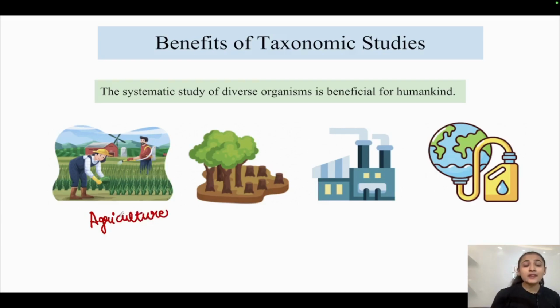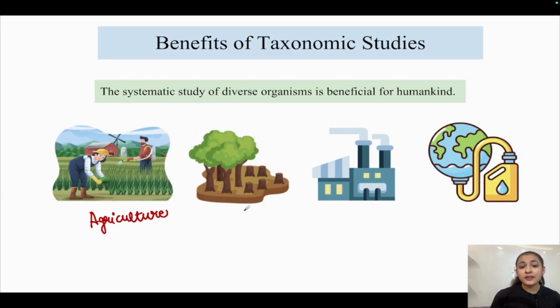So they will find out the crops which would produce the maximum amount of yield. They will choose those kinds of crops that would give them more benefits. That is how the study of crops and plants is helping humankind in agriculture.